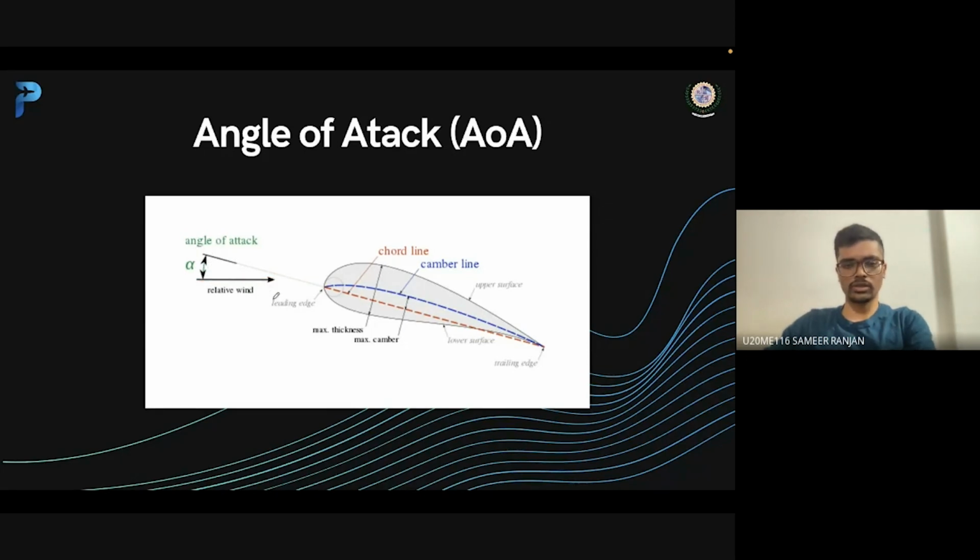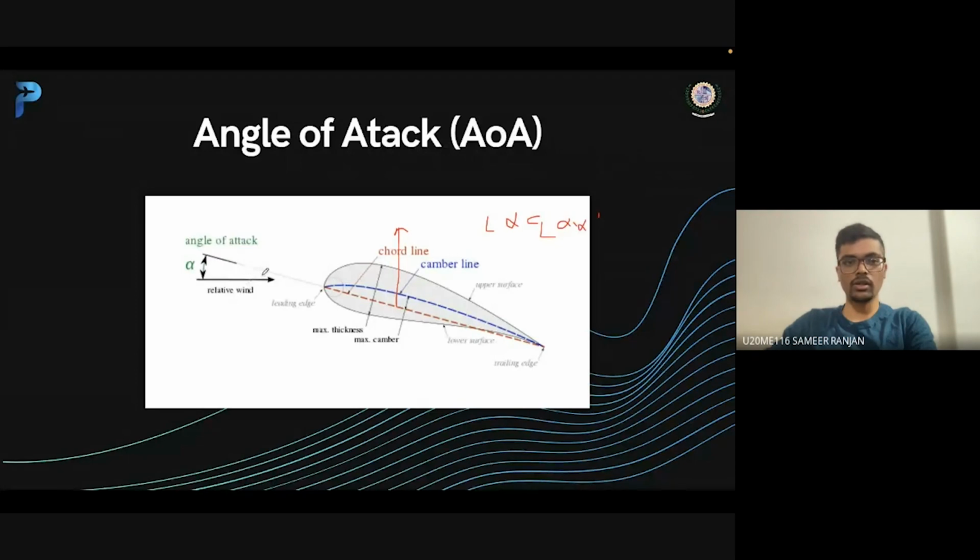The lift force is directly proportional to the coefficient of lift, which has a somewhat linear relation with the angle of attack, alpha. So as you increase the angle of attack, the lift force generated increases. This came out in different experiments, that as we increase the angle of attack, the lift is increased.